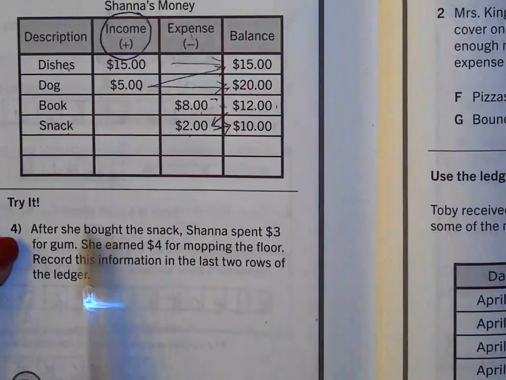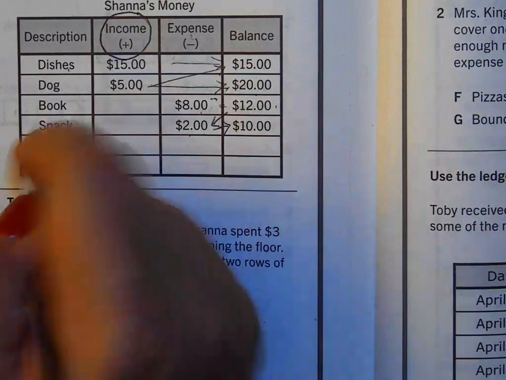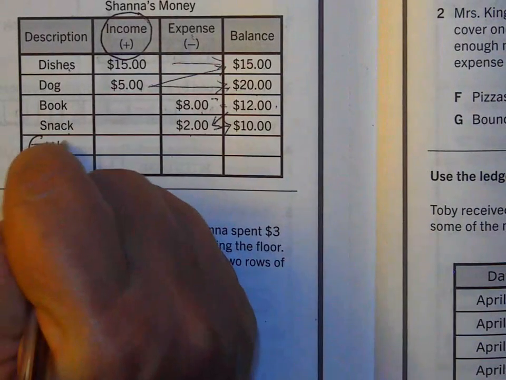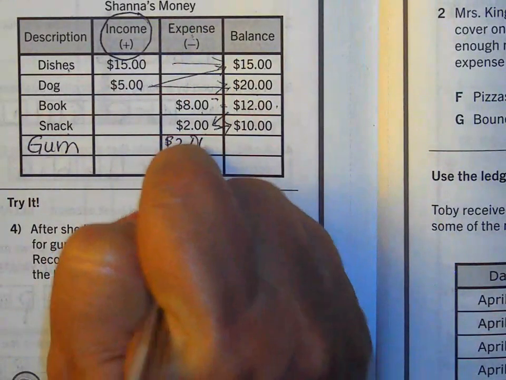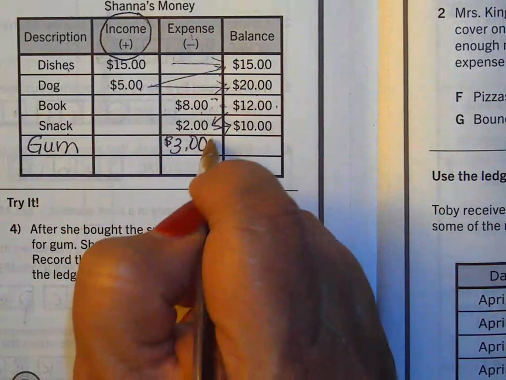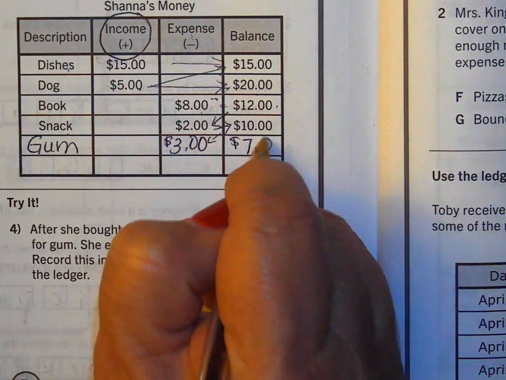After she bought the snack, Shauna spent $3 for gum. So I'm going to write gum. She spent, so that's an expense, and I'm going to put my $3 here. 10 minus 3 equals, she's left with $7.